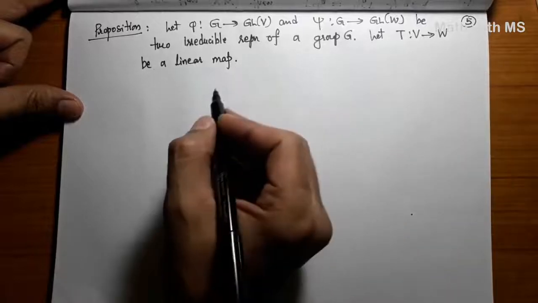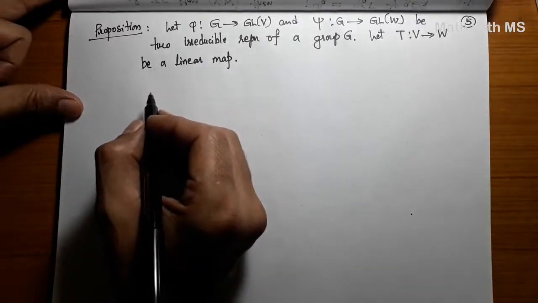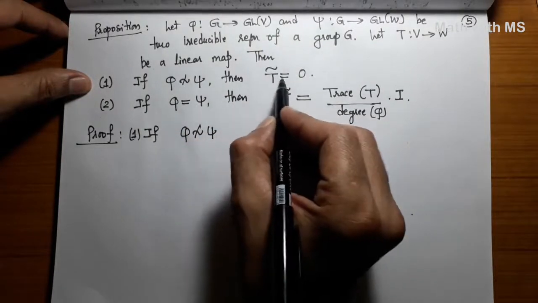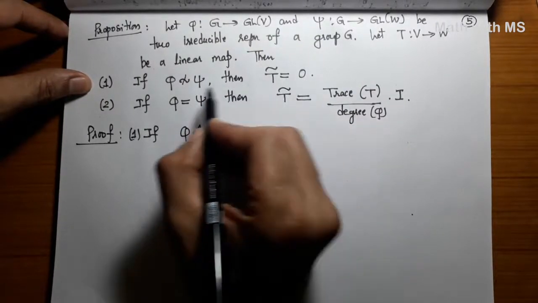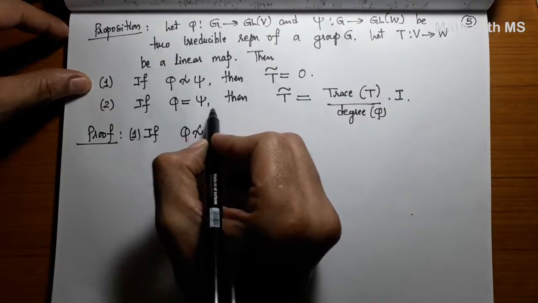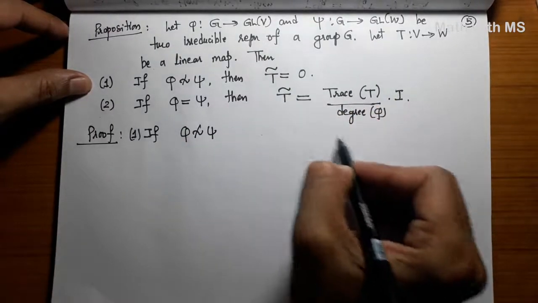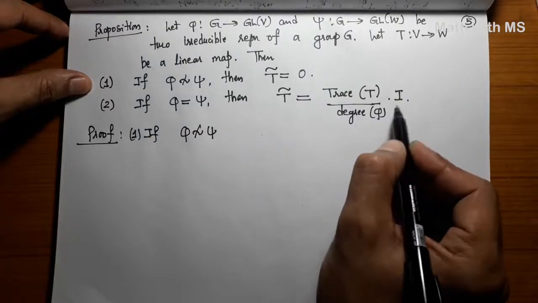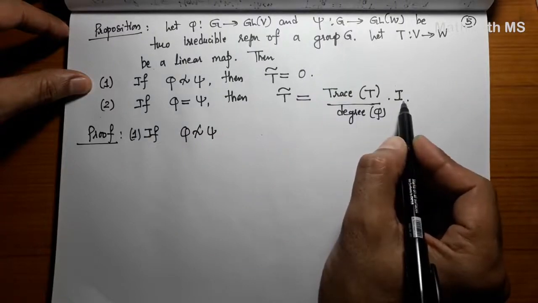Not necessarily a morphism, that we are going to analyze later. If phi is inequivalent to psi, then T tilde is 0. And if phi is equal to psi, then T tilde can be given nicely as the trace of the operator T divided by the degree of the representation times the identity matrix.